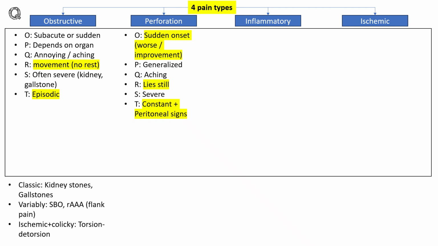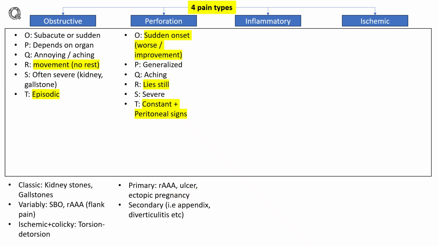That's usually sudden onset, like a perforated ulcer. The patient wants to lie still because they have peritoneal irritation or peritonitis. Usually they have constant pain with peritoneal signs, and it can be a ruptured aortic aneurysm.